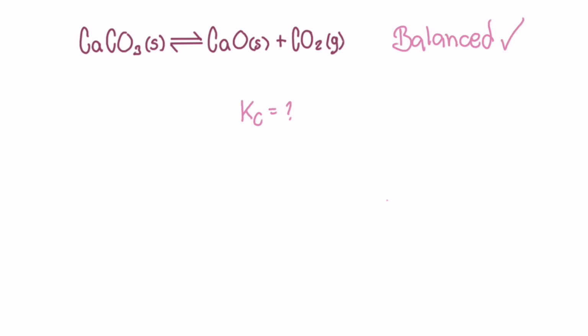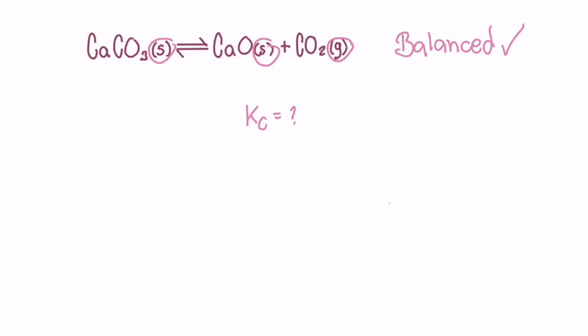Now, our next step is something we haven't talked about yet, the states of matter. This is very important when calculating Kc or Kp. For equilibrium constant calculations, whether Kc or Kp, we are not including solids or liquids.